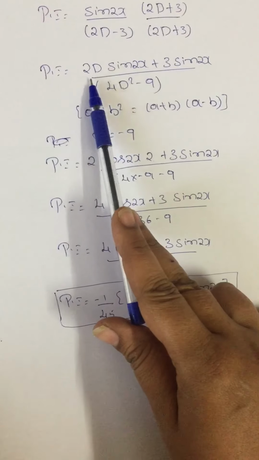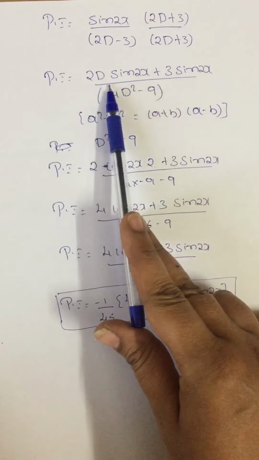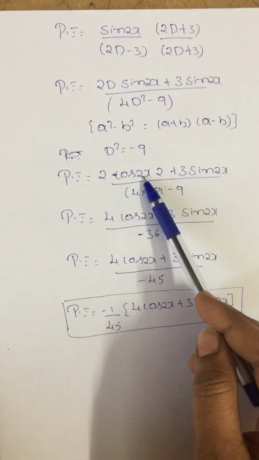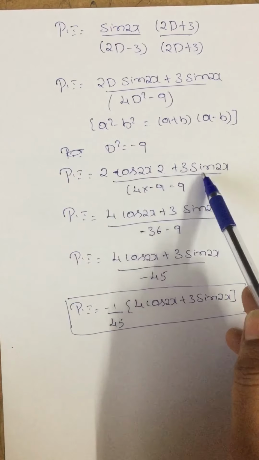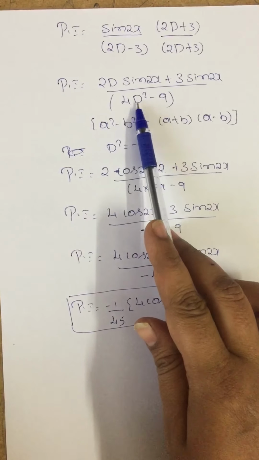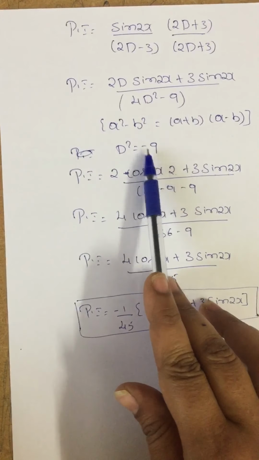In the numerator, 2 into d of sin 2x means the derivative of sin 2x, which is cos 2x, and again the derivative of 2x is 2, plus 3 sin 2x. In the denominator 4d square is there, so we take d square is equal to minus a square, that is minus 4.